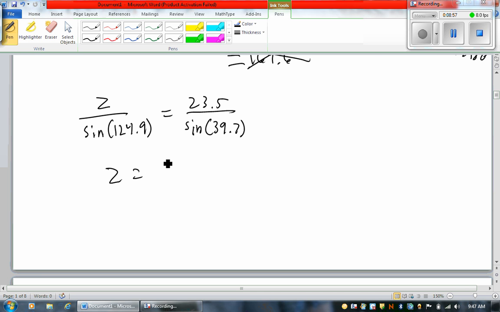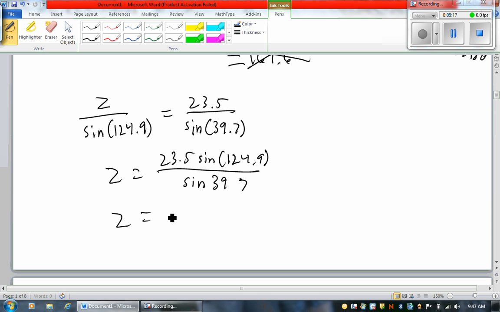Cross multiply and we're going to get z equals 23.5 sine of 124.9 all over the sine of 39.7. And so the last piece of the triangle, z, is going to be 30.2.